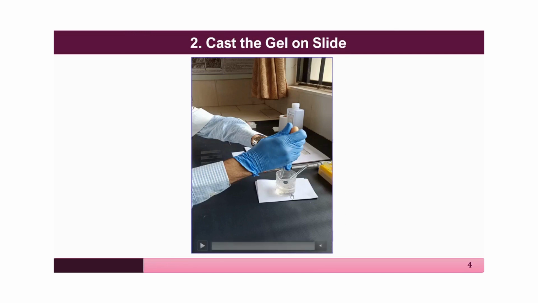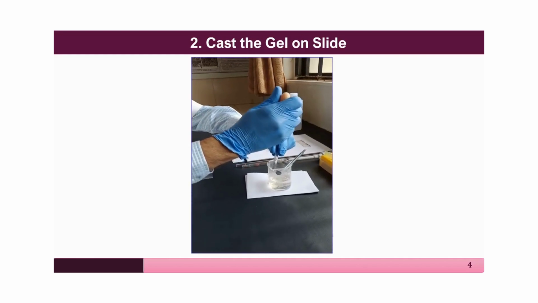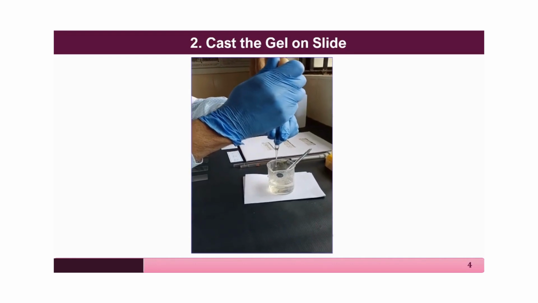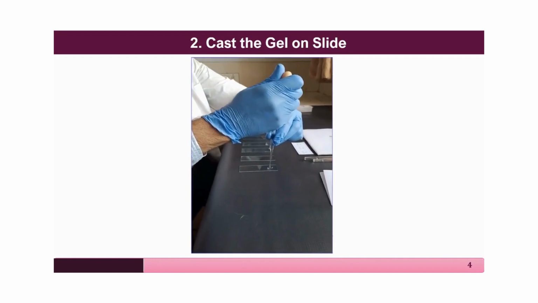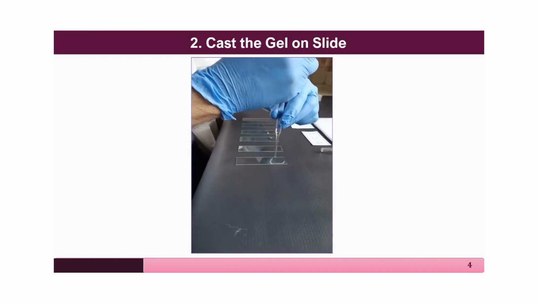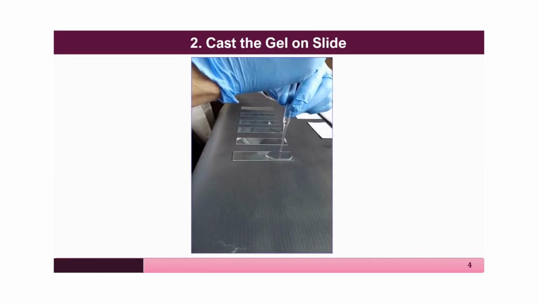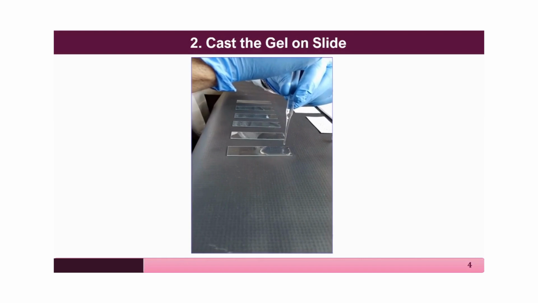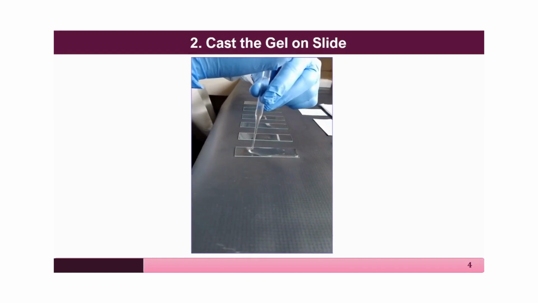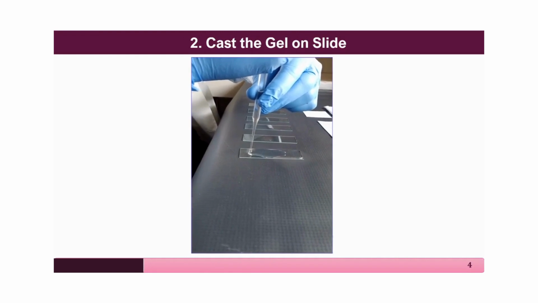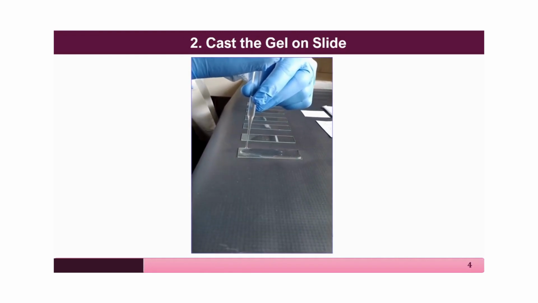Here I am going to demonstrate the preparation of the slide with the molten agarose. I am taking one full pasture pipette of molten agarose, which is 2% in buffer, and dropping it on the slides which were cleaned previously with alcohol.